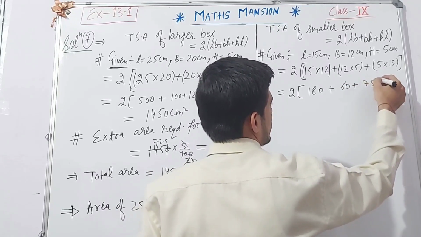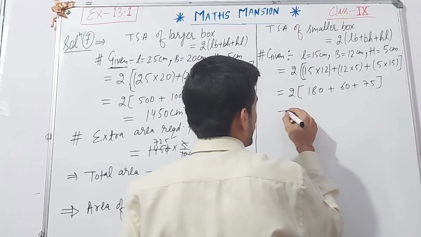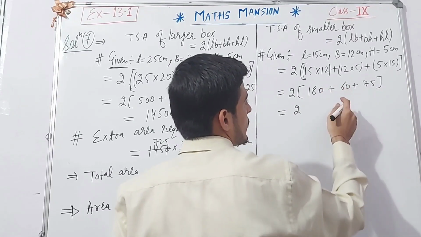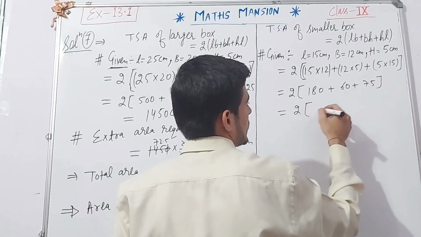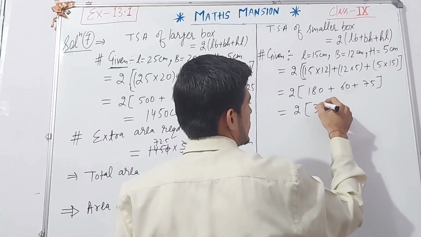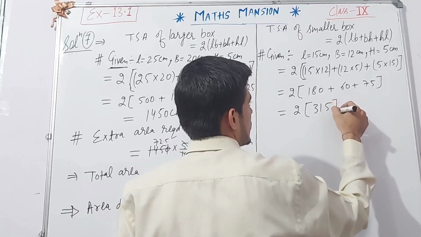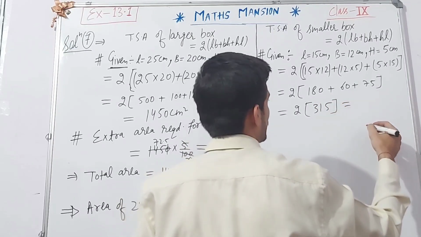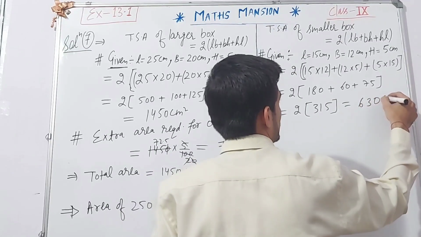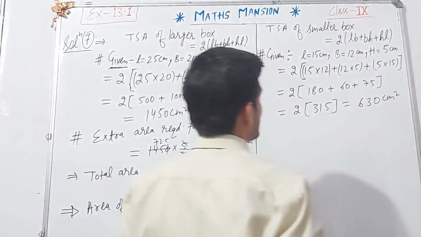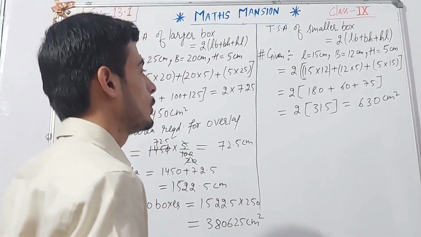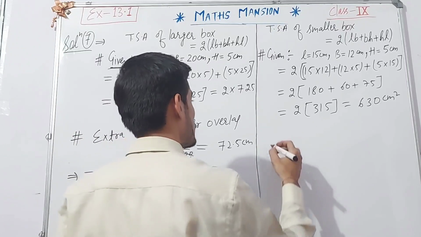Adding all this you will get 240, 240 plus 60 is 300, 300 plus 15 is 315, 315 multiplied by 2, you will get 630 centimeter square. So 630 centimeter square is the total surface area of the smaller box, and 5% extra is required.